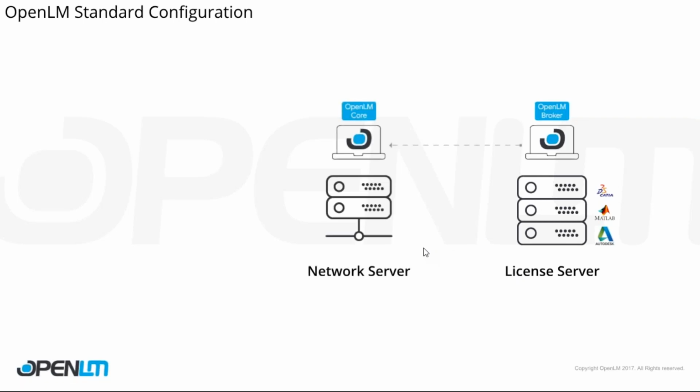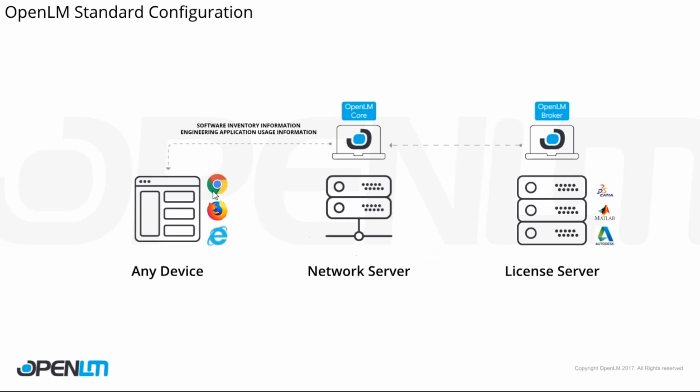It connects to the OpenLM core, which sits on a network server. And if you want to view it, you simply use any device, any browser, just connect to the OpenLM core and see the data, see your reports.